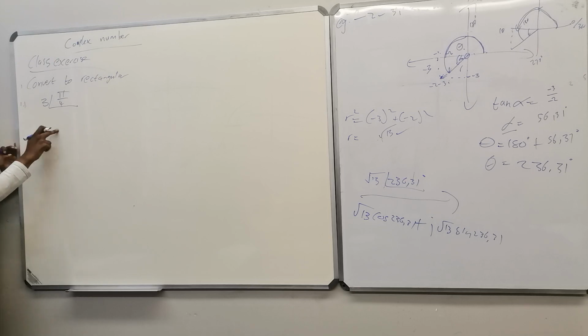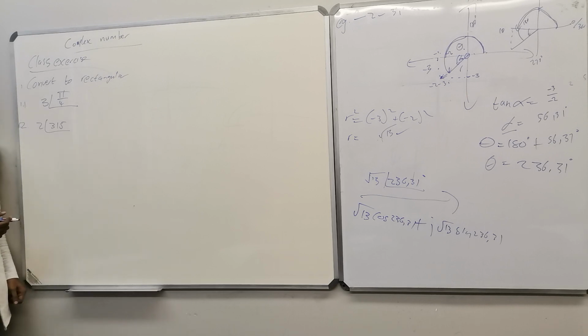Right, so let's do this. What is that thing on the bottom? It's pi.